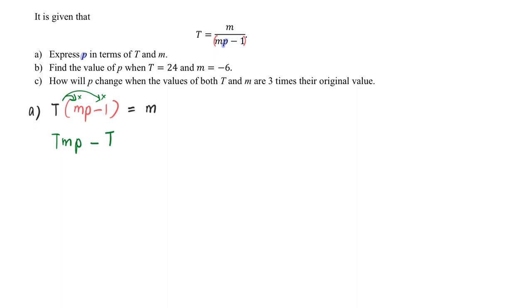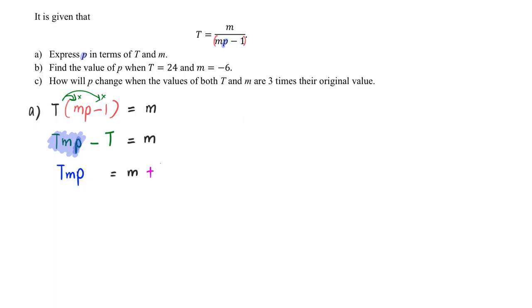This will be T equals to M. And then, because I only need the terms with the subject P on one side, I will still keep my TMP here. This is the term that has my P. My next step, you will see me plus T on both sides.